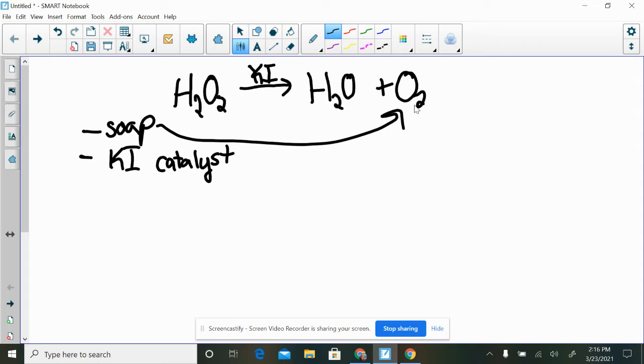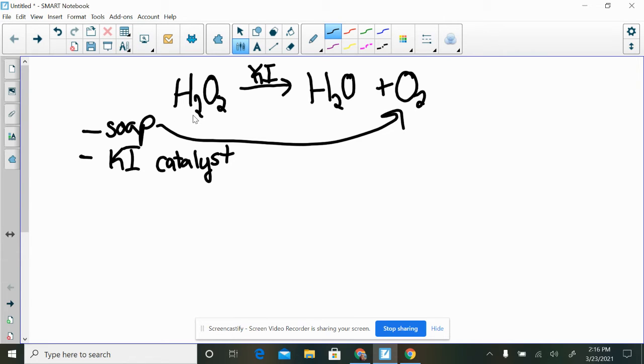It was just doing it very, very slowly, which is not exciting to watch. That's actually why you store peroxide in a dark container, because it helps to limit the breaking down of this unstable compound. So if you go into your cabinet, you'll almost always see it in a dark container.